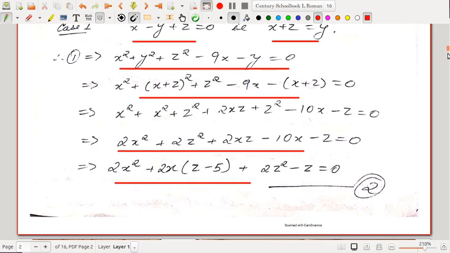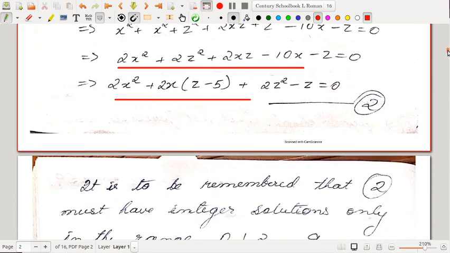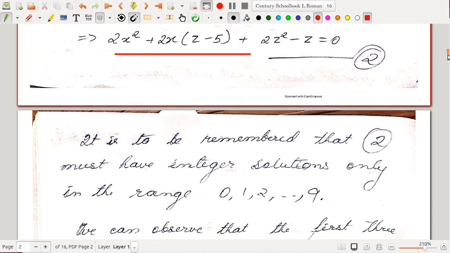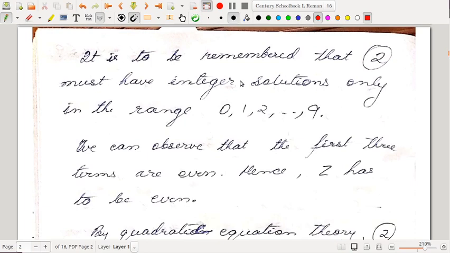But what is the speciality of this quadratic equation? This equation has only integer roots, because we are looking for x, y, z which are integers. So we want this equation to have integer roots, and that too in the range 1 up to 9.